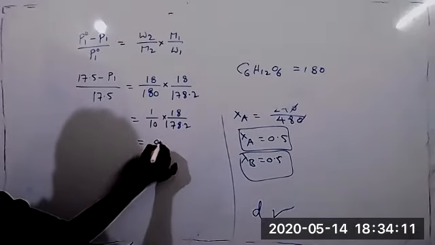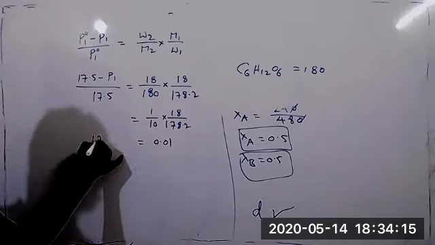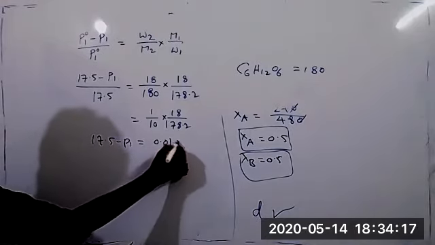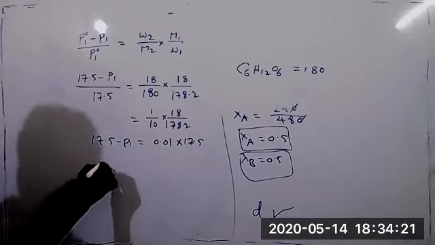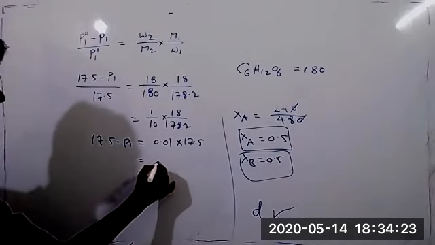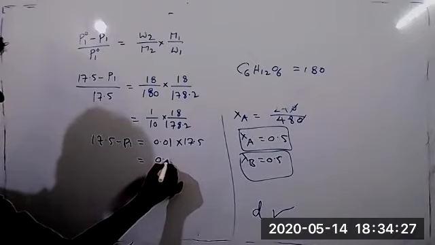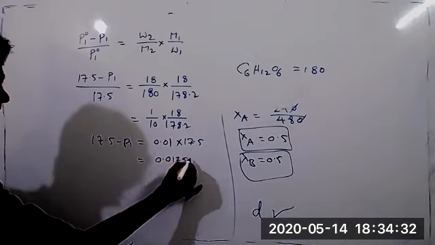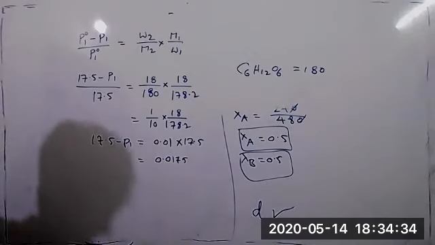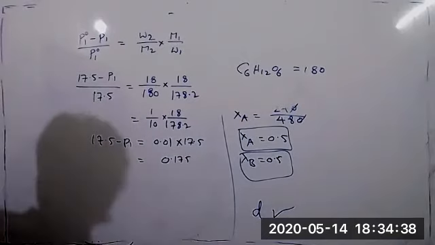This is 0.01. 17.5 minus P1 into 17.5. This value is 0.175.